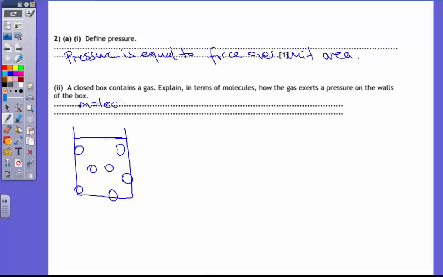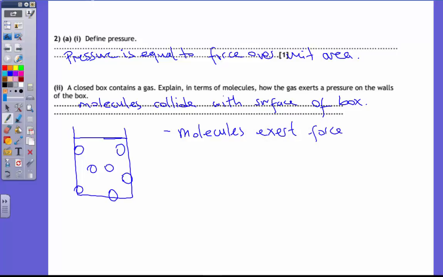Molecules collide with the surface of the box. The molecules exert force on the wall.